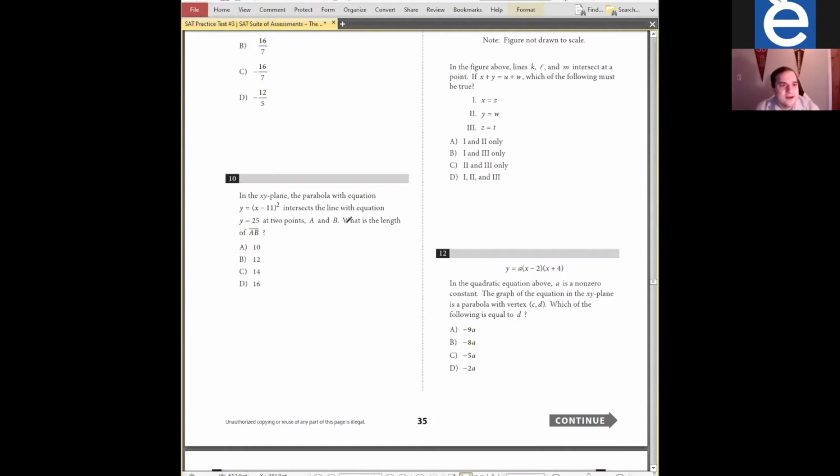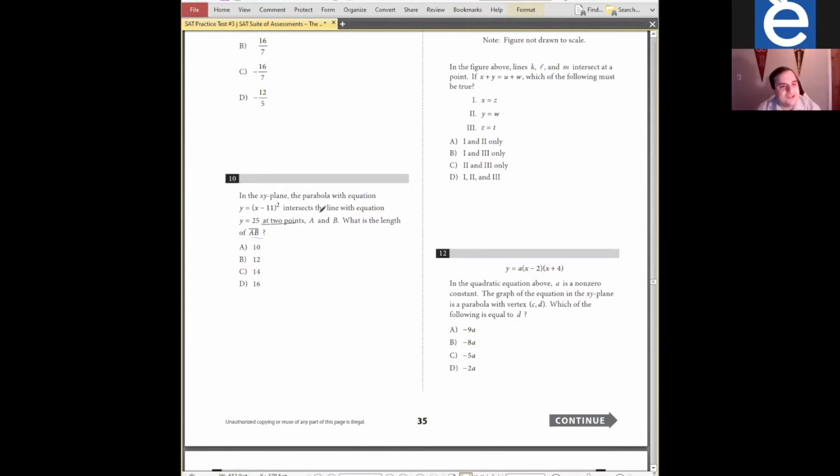All right. In the xy plane, the parabola with equation y is equal to x minus 11 squared intersects the line with the equation y is equal to 25 at 2 points, A and B. What is the length of AB?